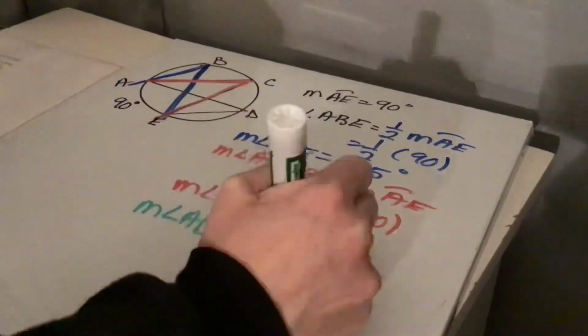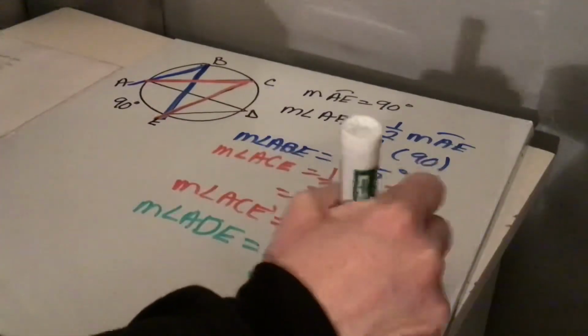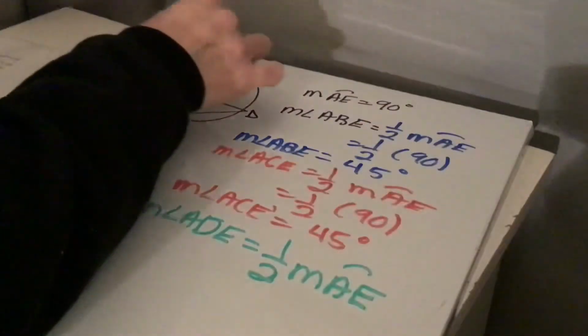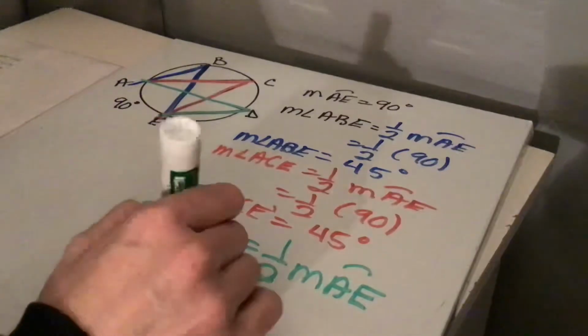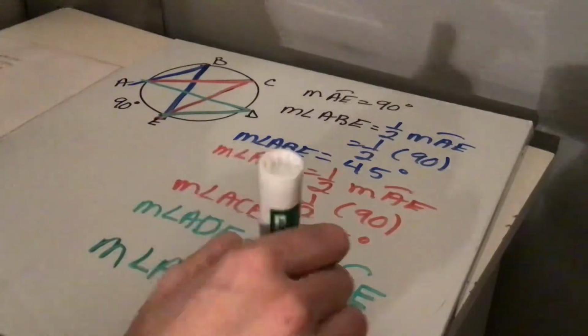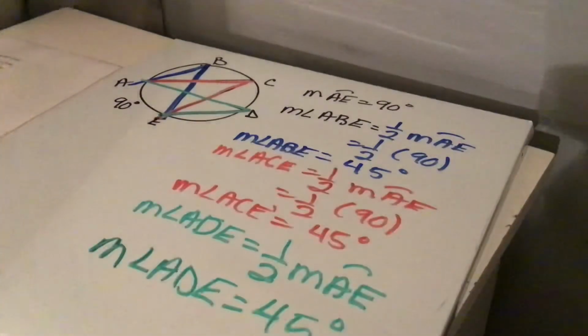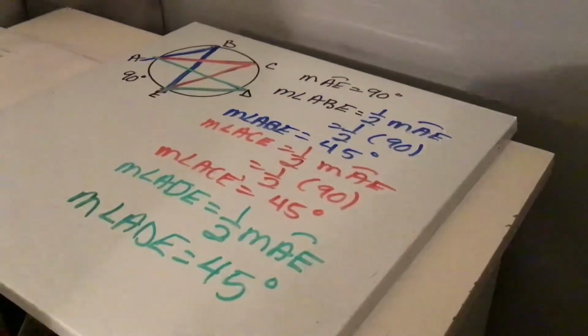So the angle is half the arc. Right here is ADE. So it is also 45 degrees, because they are all intercepting the same arc. Okay? So they all have the same measure for their angle.